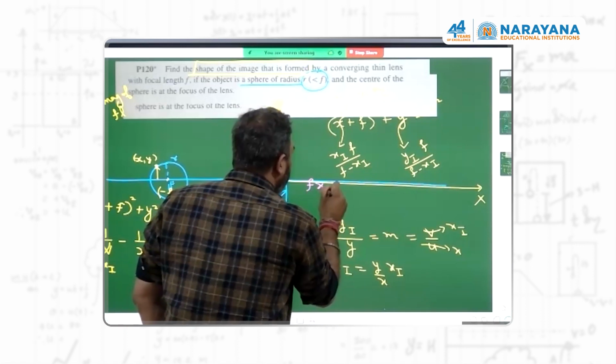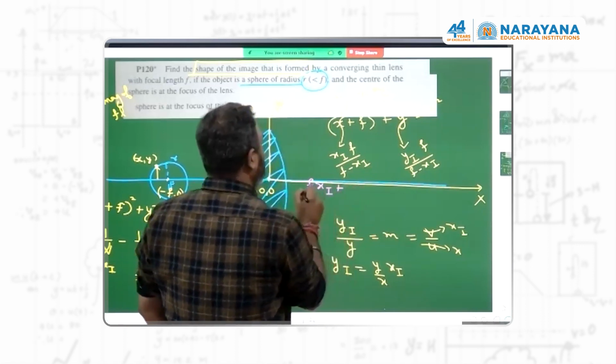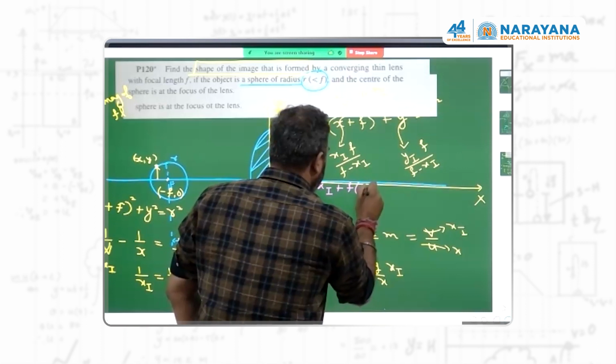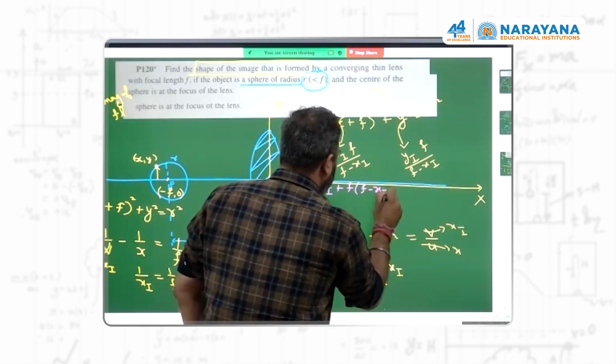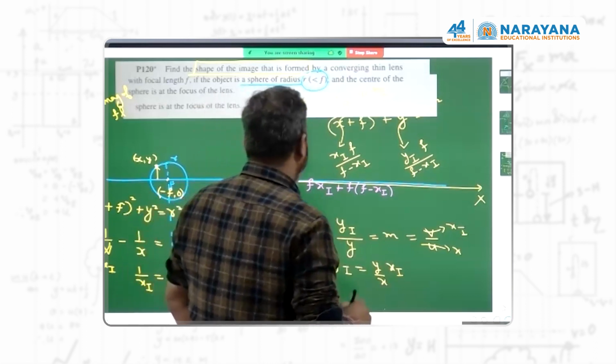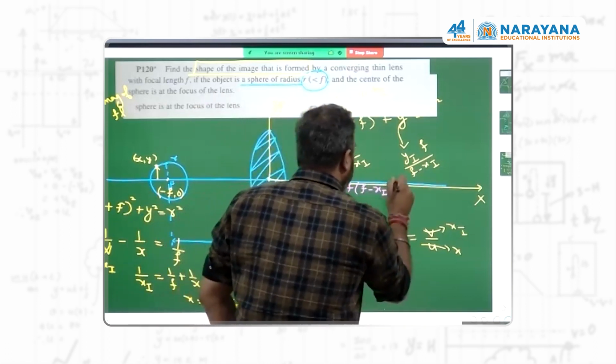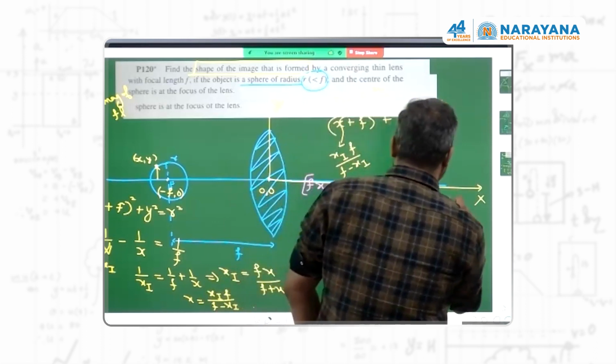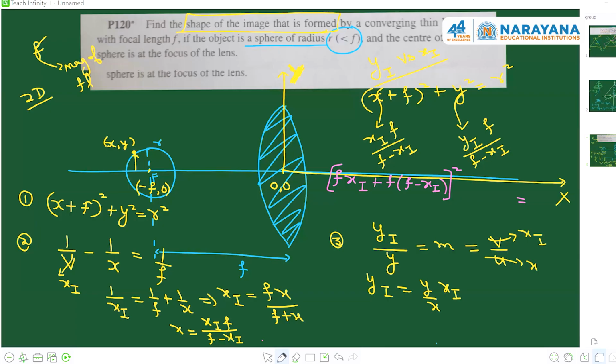It is f xi plus f into f minus xi, this term, the whole square. RHS will become r square into f minus xi, the whole square. And what about the second term? That is, I suppose, f square y image square.